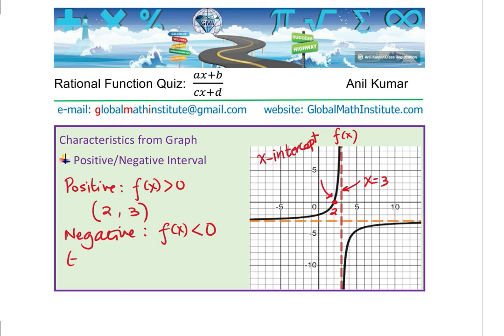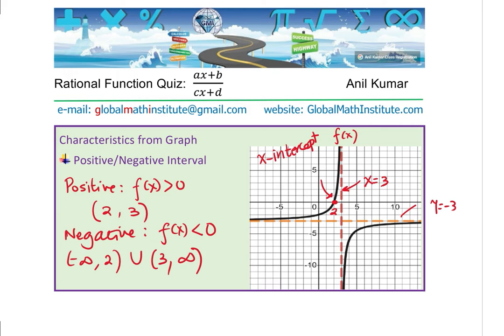So it is from minus infinity to the x-intercept, which is at 2, and then from 3 to infinitely large value. Since we have the horizontal asymptote here, which is y equals to minus 3. Is that clear to you? Perfect. So we have seen how do we define increasing and decreasing interval from the given graph.